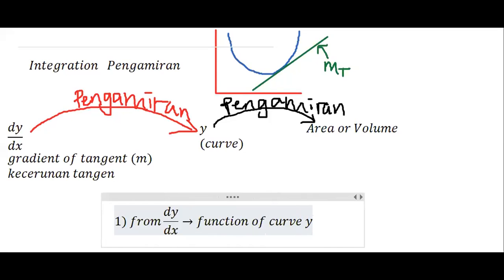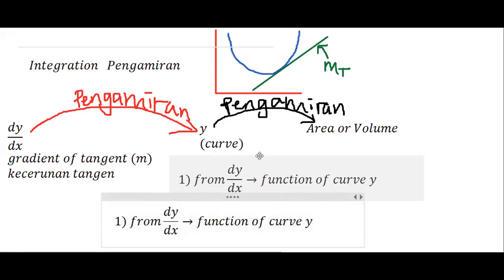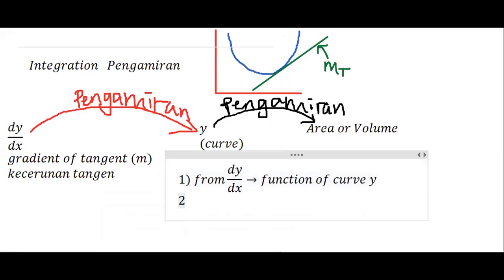Saya nak cari fungsi lengkung saya, which is the blue color one. Then second thing, from y, I want to find the area or volume. Saya nak cari luas ataupun isi padu di bawah lengkung.